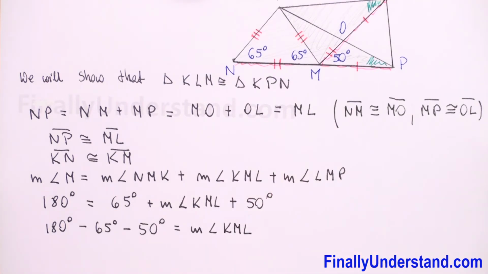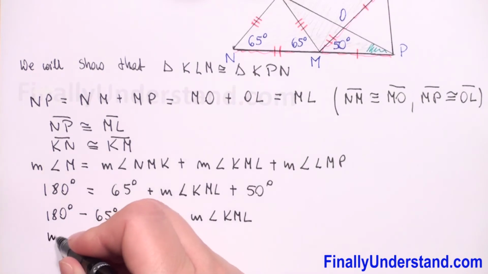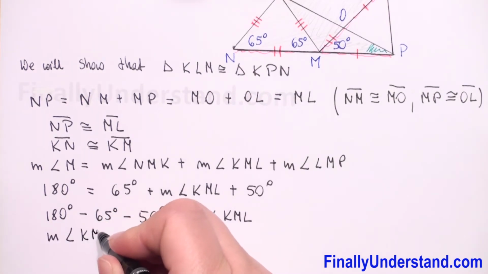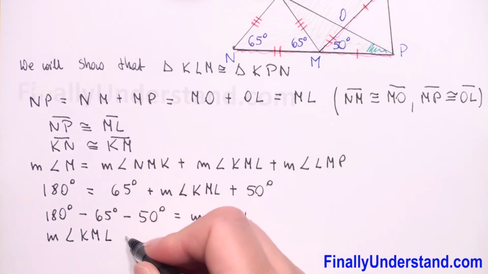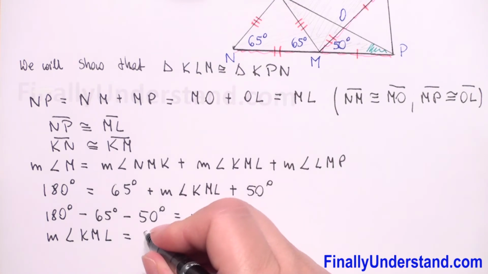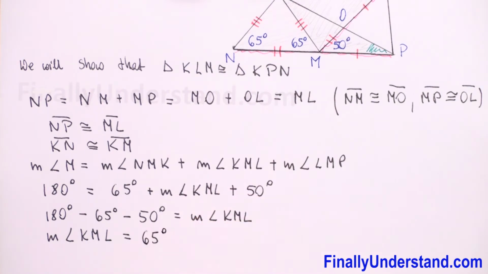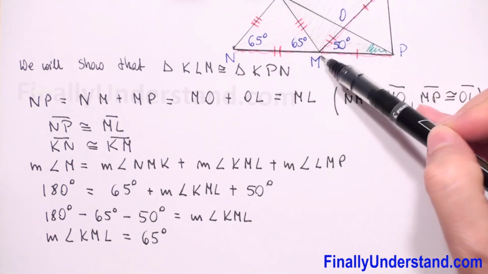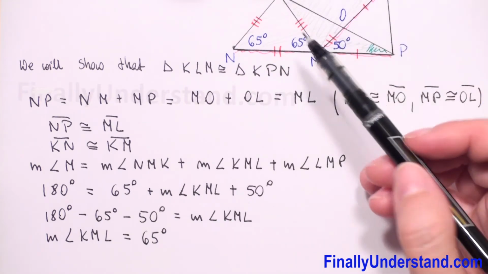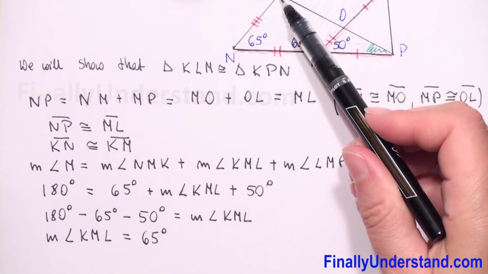So I will change the sides, and we have that measure of angle KML is equal 180 minus 65 and 50. So this is equal 65 degrees. So we found measure of angle KML. And measure of angle KML is the same like measure of angle KNP.